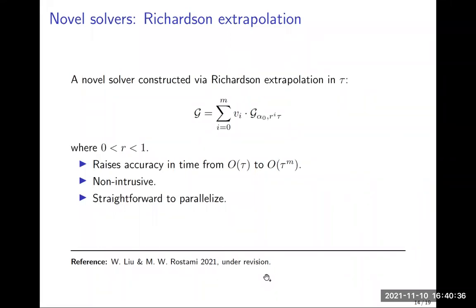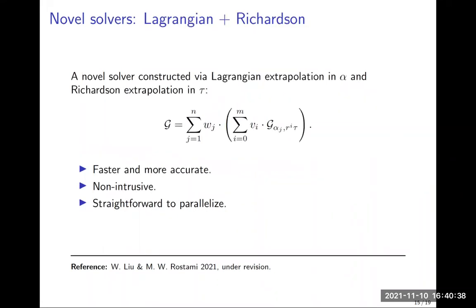Of course, you can then make things even fancier by doing both, right? Lagrangian extrapolation and Richardson extrapolation, and this is the result. And here, instead of one solver, we have m times n solvers.